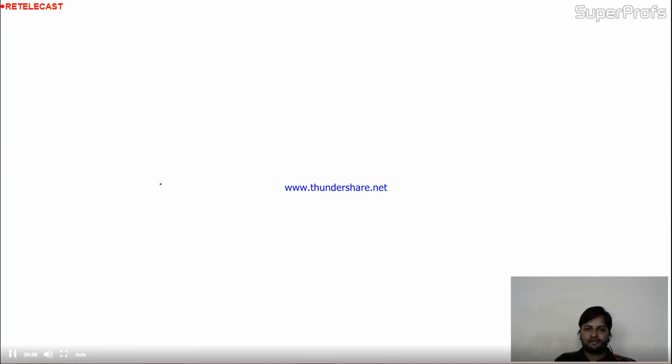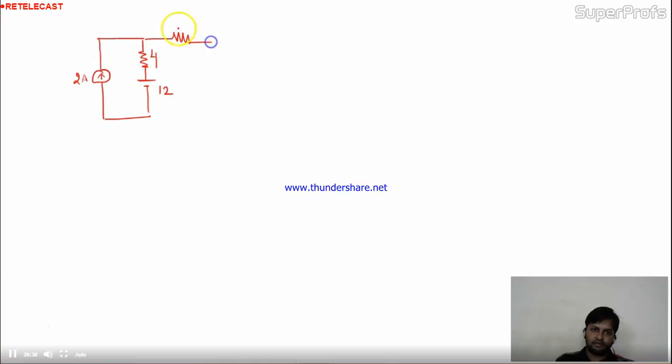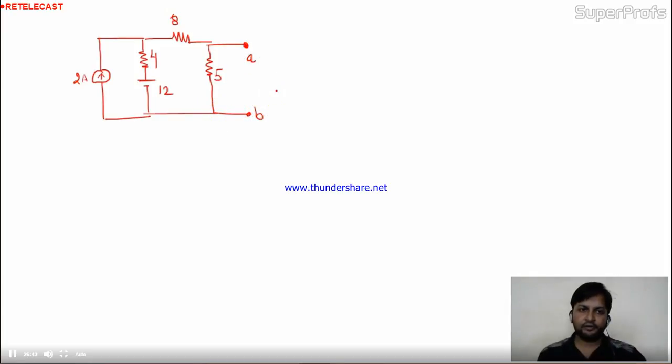The given problem is: a two ampere current source connected with 4 ohm. Here this is 12 volt, connected further to 8 ohm, and this is 5 ohm. These are the terminals A and B. Is it okay to you people?